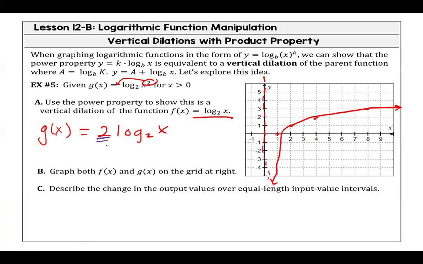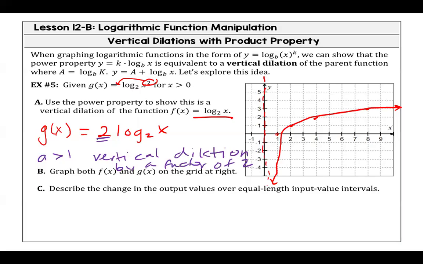So now I have my a value and it's greater than 1. So this is a vertical dilation by a factor of 2.